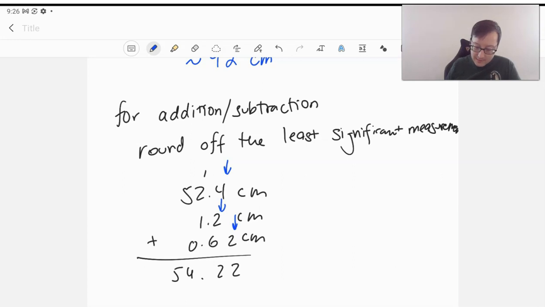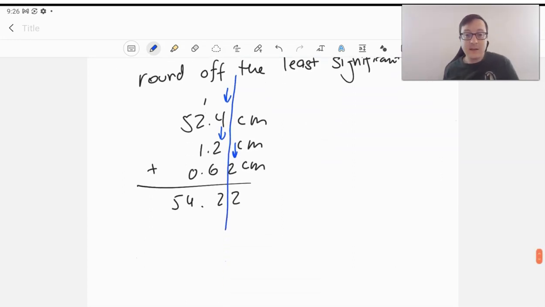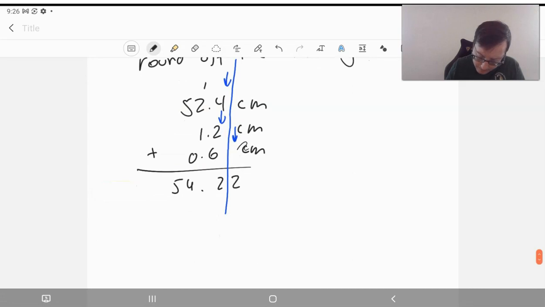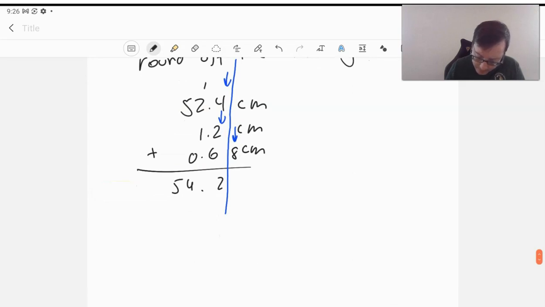And so our answer will need to have our significance, and let's just change this number, by the way, just so we have something to do with rounding. We need to convey that our measurement, again, had that least amount of significance for the 52.4 and the 1.2.